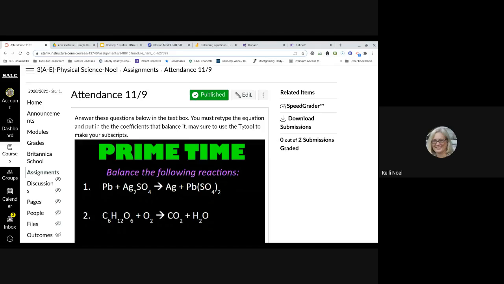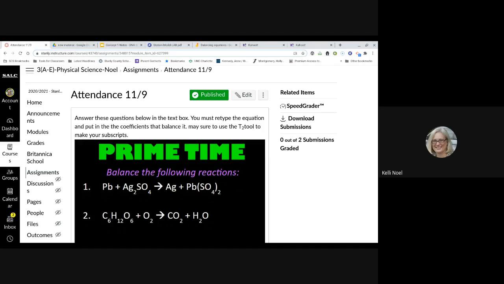To get my SO4 to 2, I would multiply by 2. Well, when I put my 2 up here where my SO4 is, what is also attached to that SO4? Ag. Well, that just messed up my balancing of Ag because now I have 2 times 2, which is 4. So I go back to the right side.